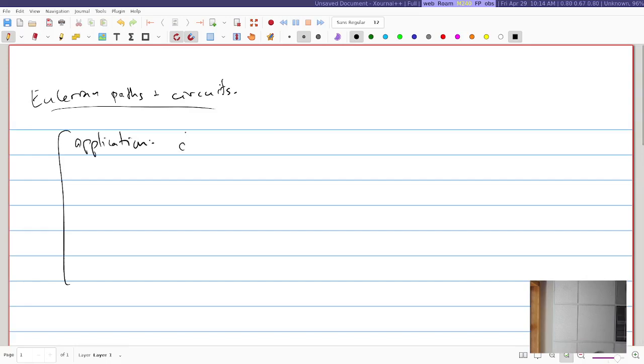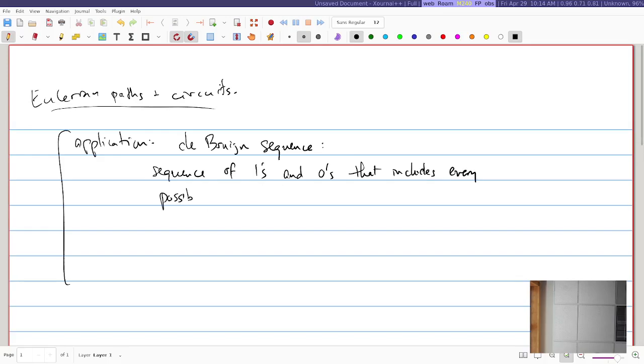There's something called a de Bruijn, probably not pronouncing that quite right, a de Bruijn sequence. What is it? It's a sequence of ones and zeros that includes every possible string of k bits as a substring.